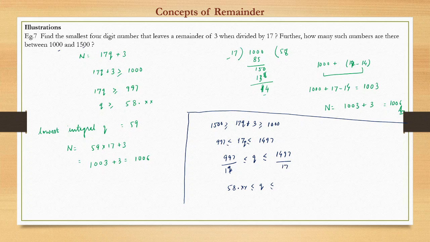Here we divide 17 8 jar 136, 13 remainder, again 88 decimal something.